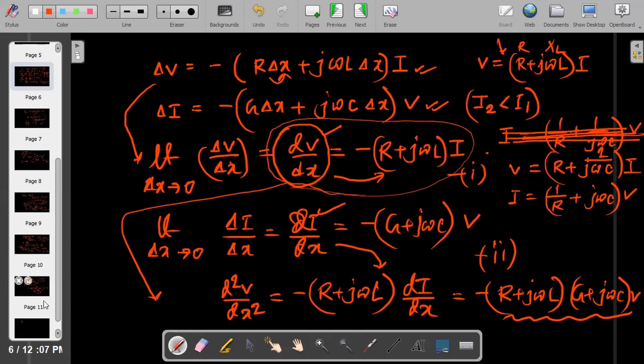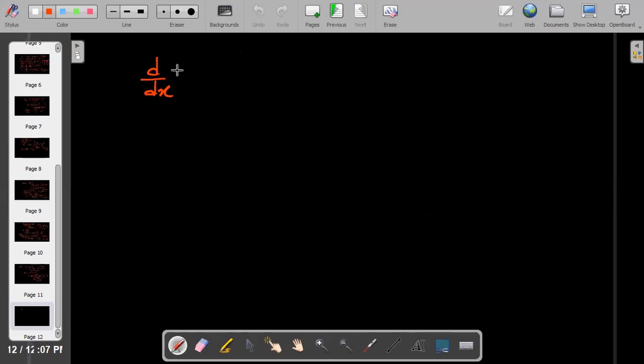Concentrate on this equation. dV/dx is nothing but minus (R plus j omega L) into I. This V represents a traveling wave in positive x direction, e to the power minus gamma x.